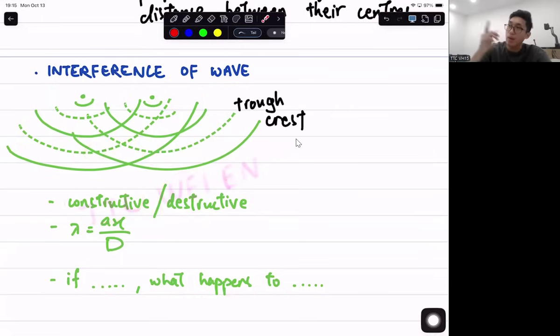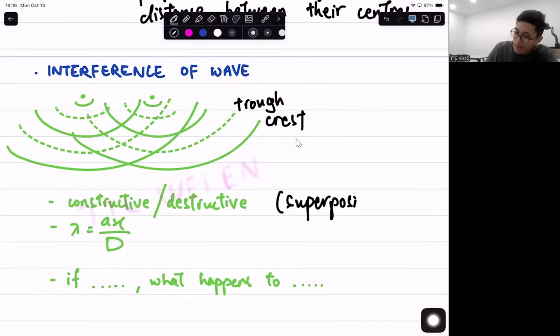They ask you, hey, why does this place have loud sound? Because you say the crest and the crest superposition. You use this word. When you want to say meet, you say superposition. For example, they ask you, hey, why here got loud sound? Then you say, oh, because here the crest of one wave and the crest of another wave superposition.